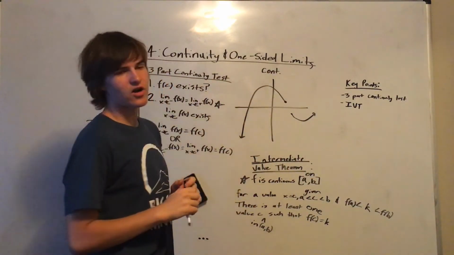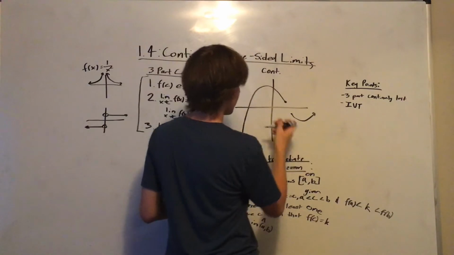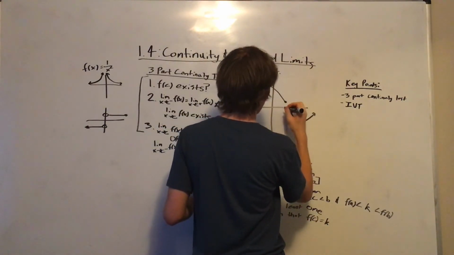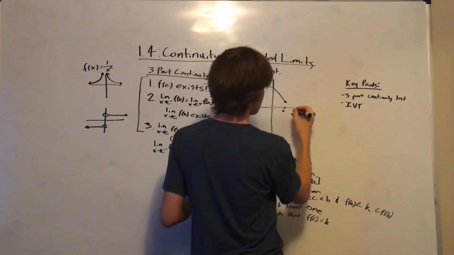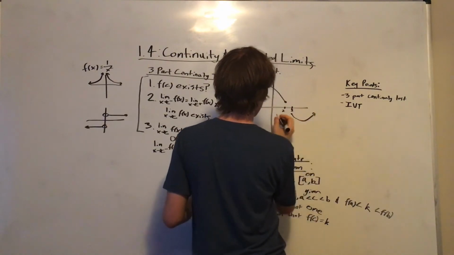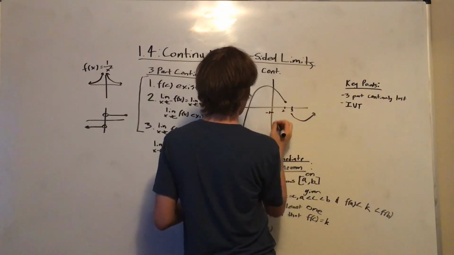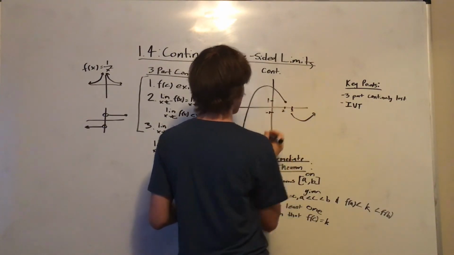You may get a function like this, and then have, let's say this is 2, let's say this is 3, let's say this is -1, let's say that this is 1.